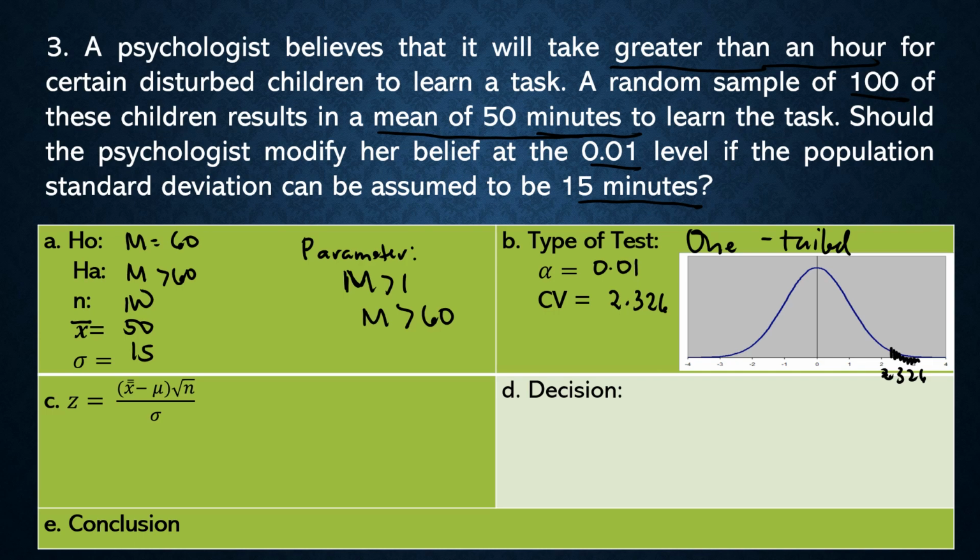Now, on our computed values, we already have the critical value. For the computed value, we're going to start substituting the given values. So we're going to have x bar, which is 50, minus mu, the population mean, which is equal to 60, times the square root of n, the sample size, which is equal to 100, divided by sigma, which is equal to 15.